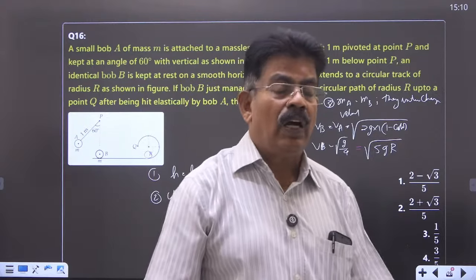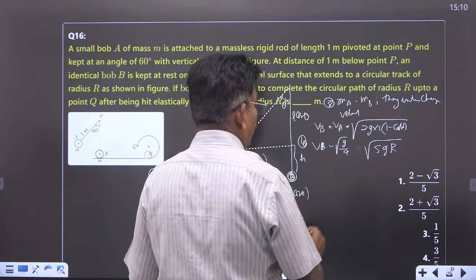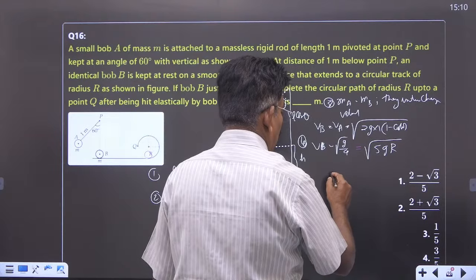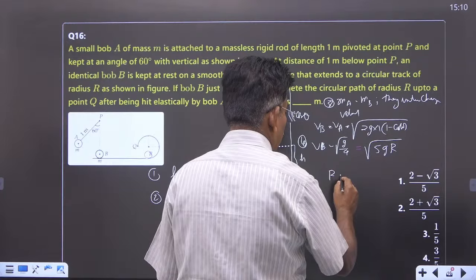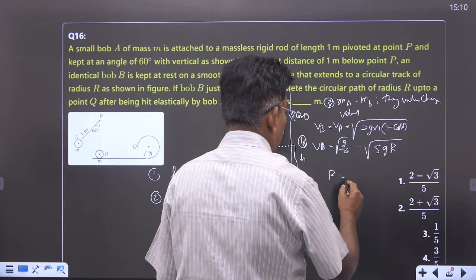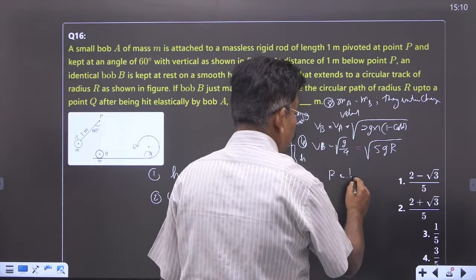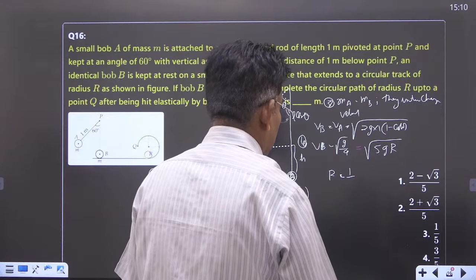So this is the fourth concept. Now by equating it, G gets cancelled, the root is removed. We'll be getting R is equal to... G gets cancelled, no. Any mistake?